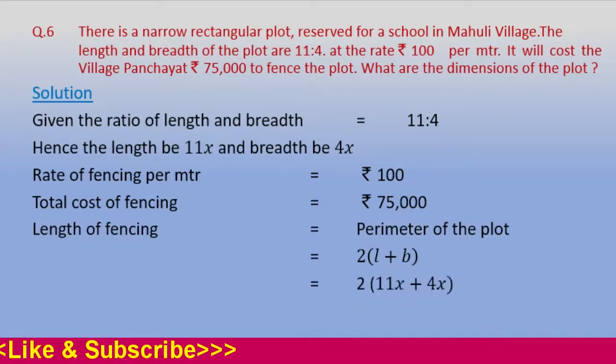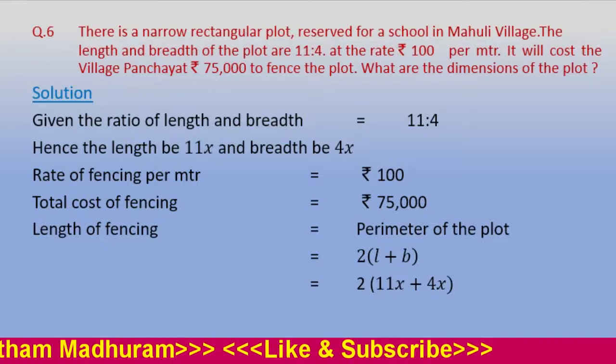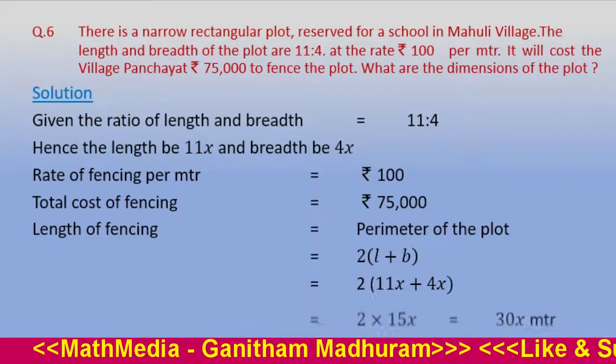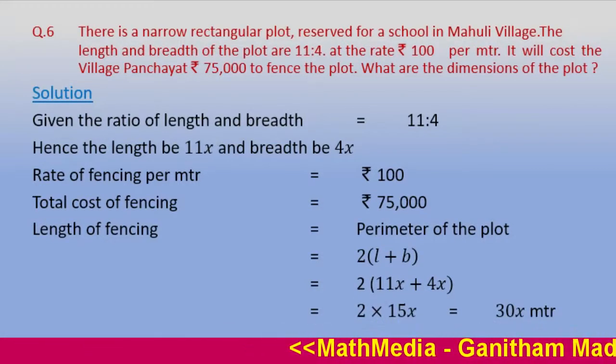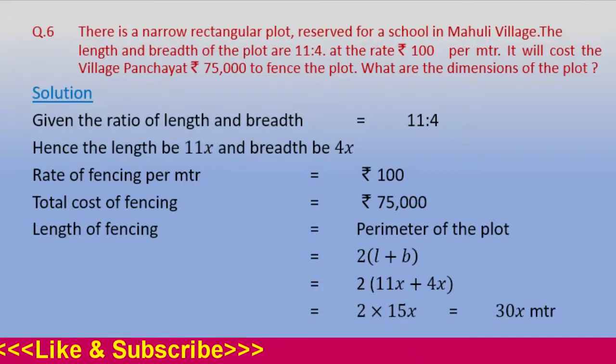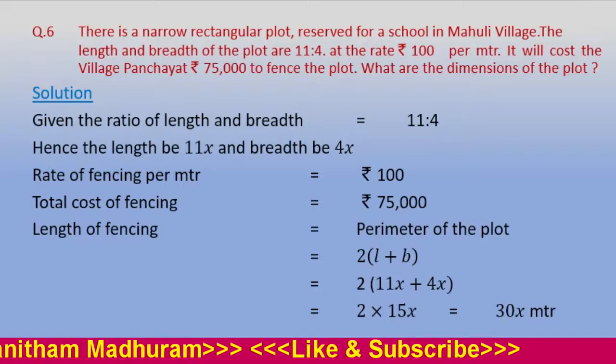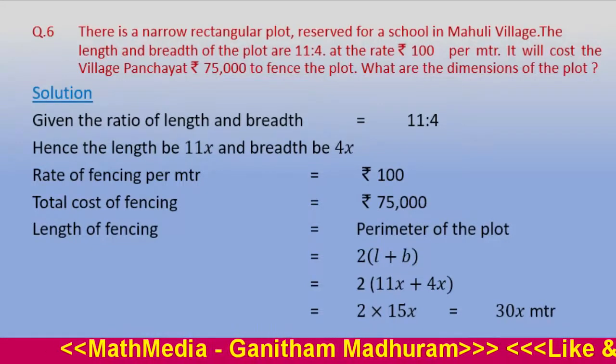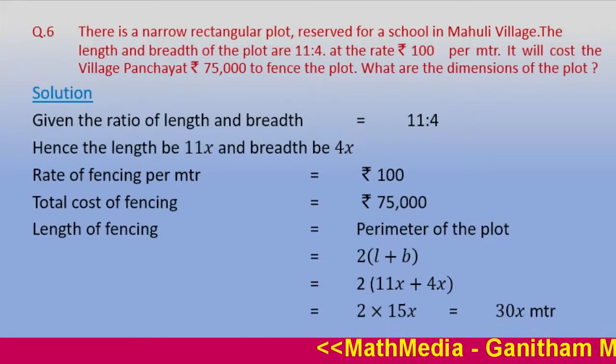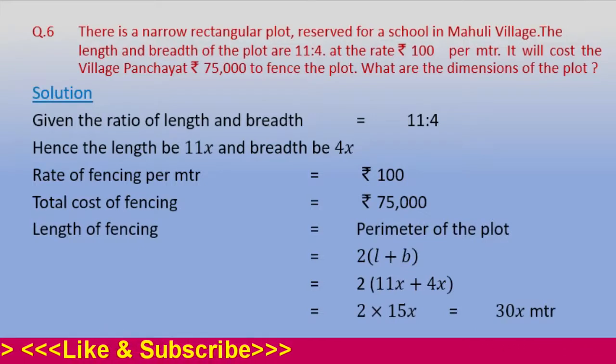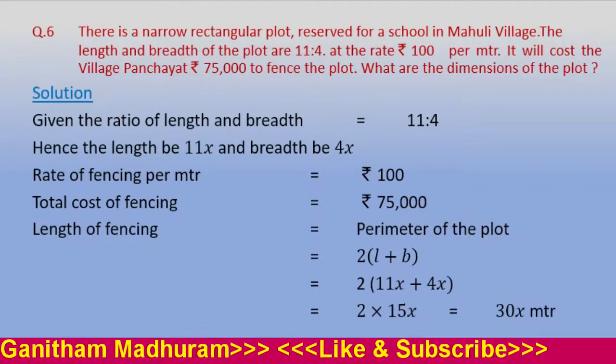We can substitute the values of length and breadth, 11x and 4x. We get 2 into (11x plus 4x), that is 2 into 15x, equal to 30x meter. So the total boundary of the plot is 30x meter.